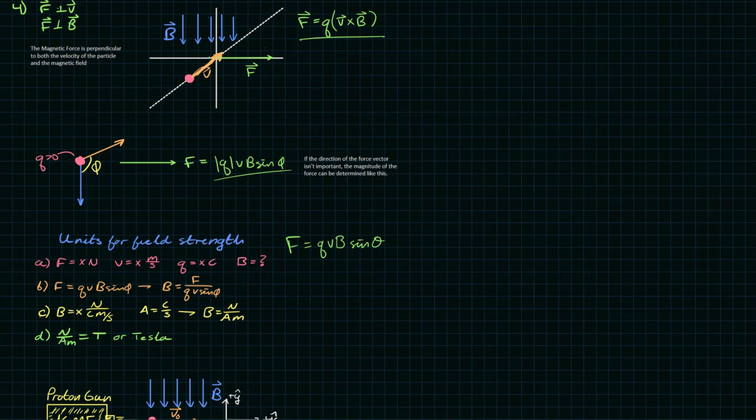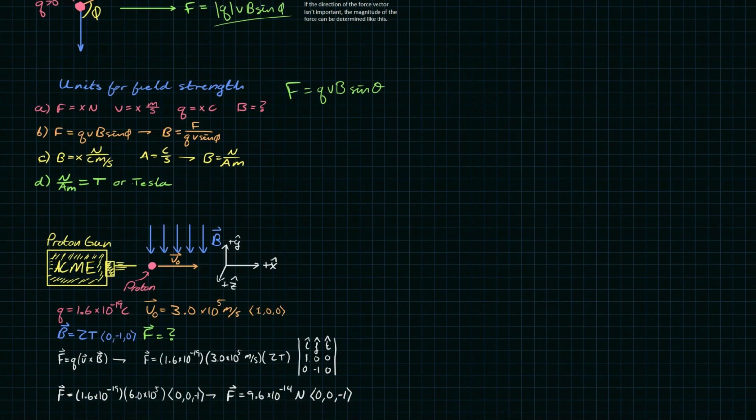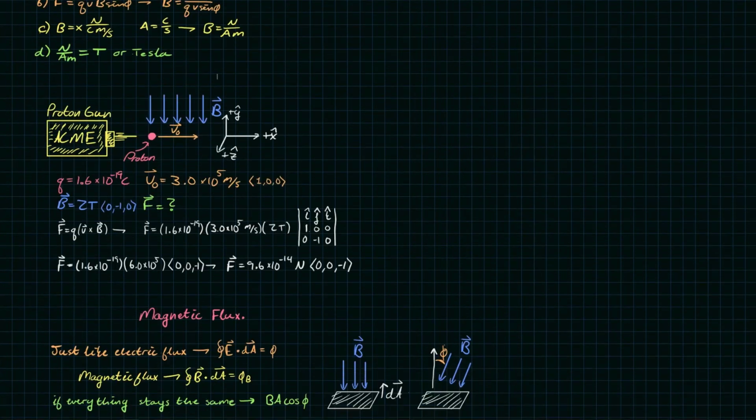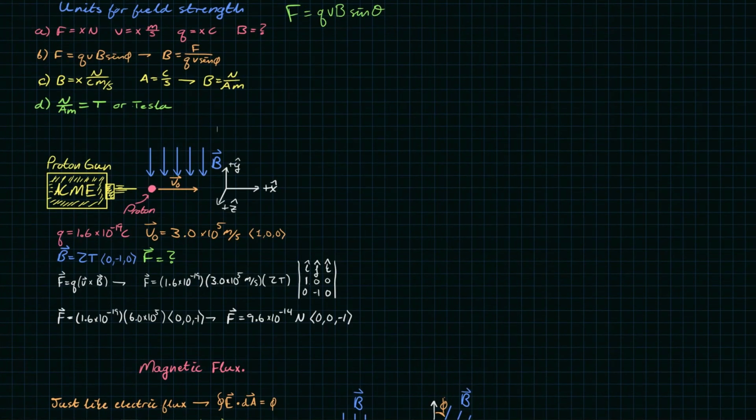So newtons per amp meter, which is a lot of words to say, so they came up with T, or Tesla, to rate the magnitude of the vector of a magnetic field. You do have to put a direction in there if you want people to understand what the direction of that field is. So now it's time for a little practice problem.